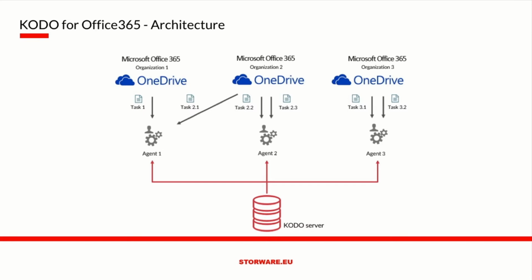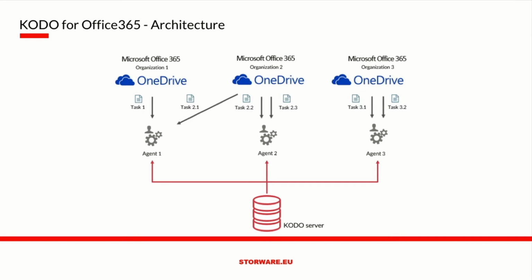Like I said before, agents are components that are responsible for performing backup copies. We can install and configure as many agents as we want to optimize backup task performance, and each agent can perform backup from one or several Office organizations.